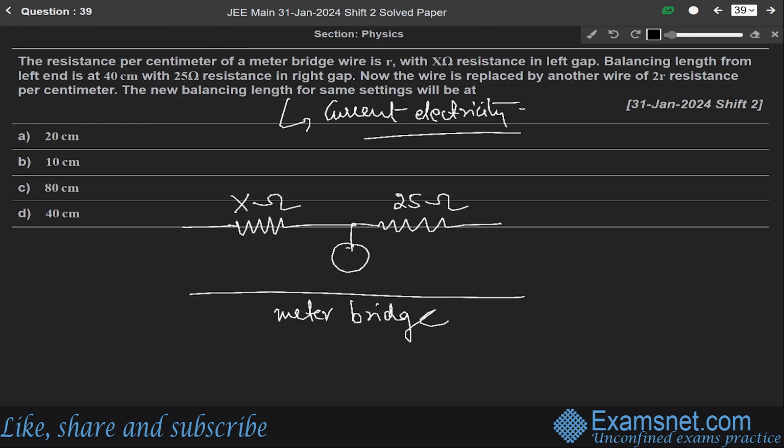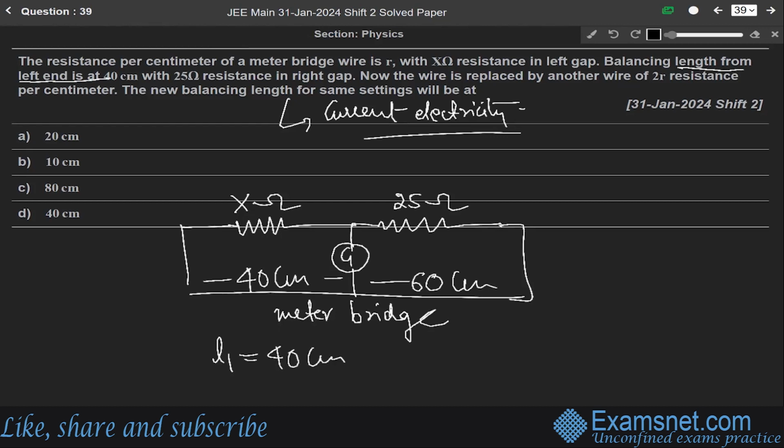Okay. So this is galvanometer G. And according to question, the balancing length from the left end is 40 centimeter. So if this is 40 centimeter, so this will be 60 centimeter. Okay, means L1 is 40 centimeter and L2 is 60 centimeter.